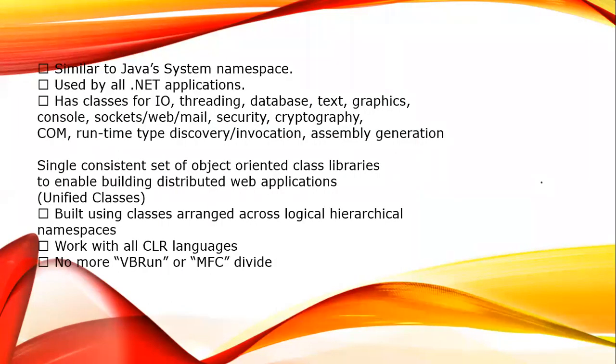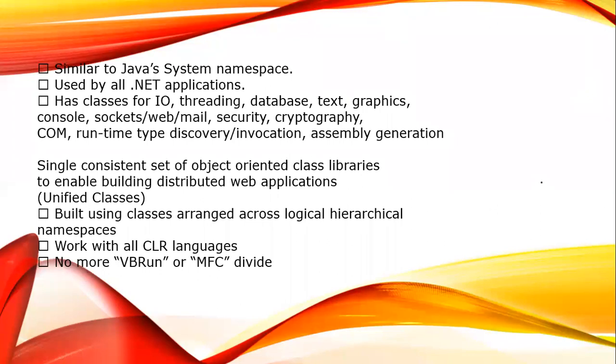So what is base class library? It is similar to Java system namespaces. We have already gone through Java, system.out.println. System namespace is there, used by all .NET applications, has classes for IO, input output, threading. Threading is known to you. Database, text, graphics, console, sockets, webmails, security, cryptography, COM, runtime, type discovery, invocation, assembly generation.